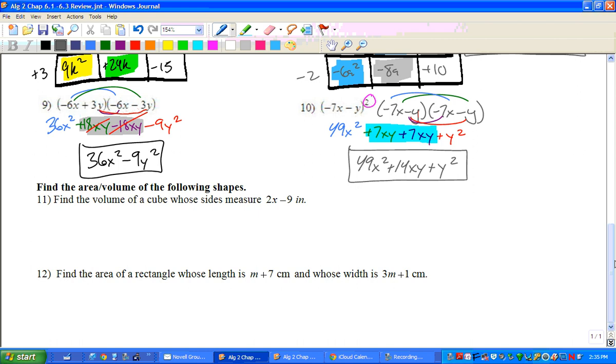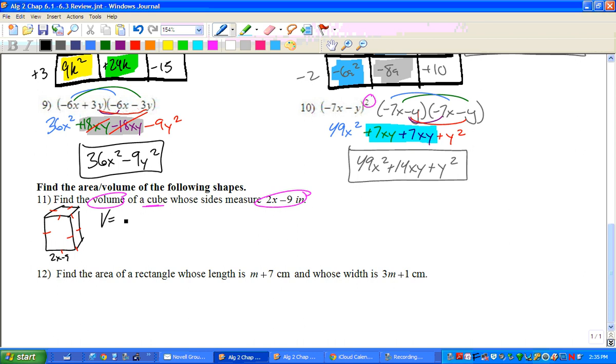Okay, now number 11 says to find the volume of a cube whose side measure is 2x minus 9. Some keywords: volume, cube, and the 2x minus 9. Here's your little cube. If one side is 2x minus 9, all of the sides are exactly the same.